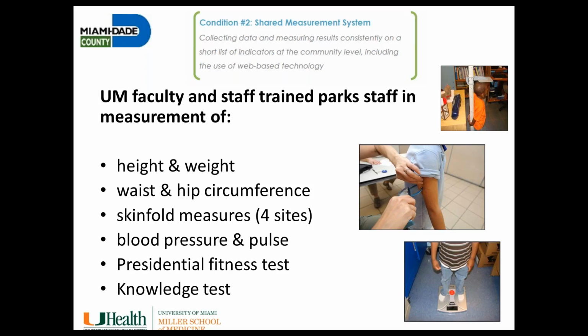We also take skin fold measures in 4 areas: bicep, tricep, subscapular, and suprailiac. That gives us more information beyond just the body mass index and tells us about how the actual body composition is changing in our participants, in that are we actually decreasing fat mass and increasing lean mass. This is important for our program because physical activity is a big component of it.